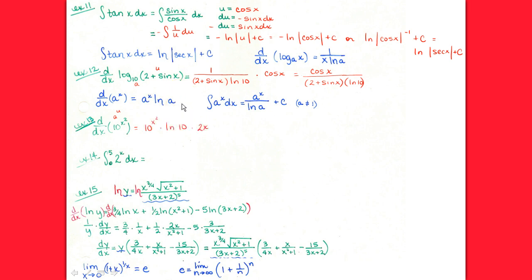So a to the u ln a times the derivative of u. If u was x squared, then the derivative of x squared is 2x. So again, if we modify the formula for chain rule, that's a to the u ln a times the derivative of u.